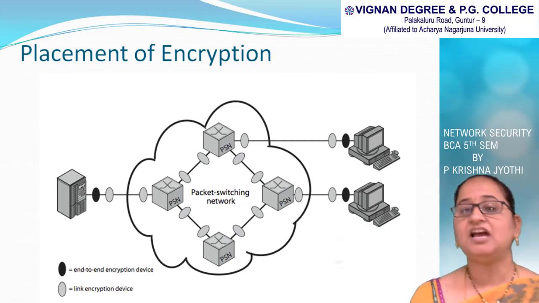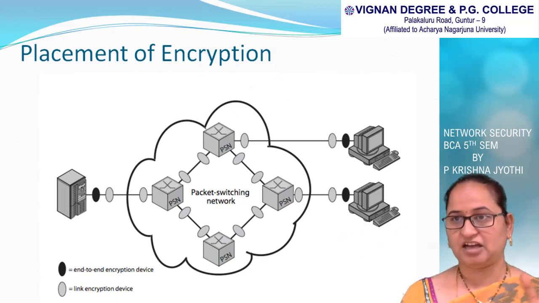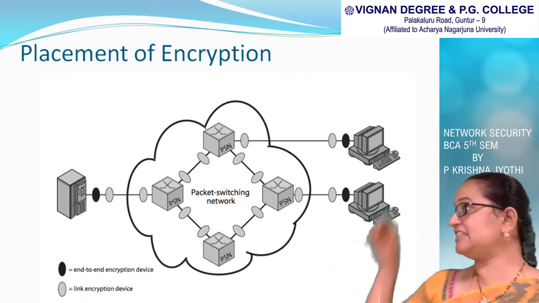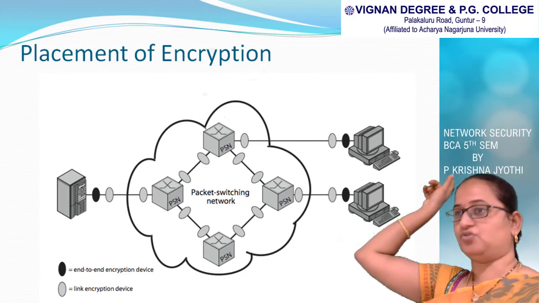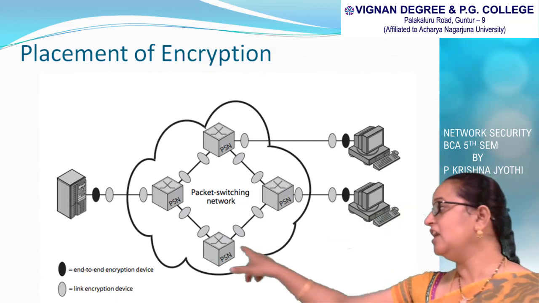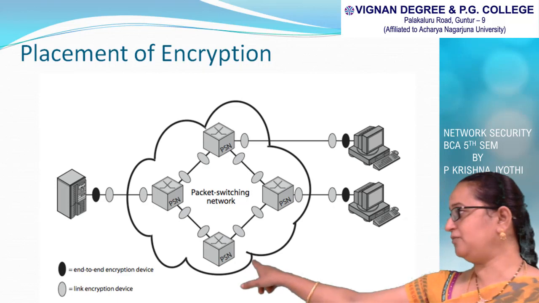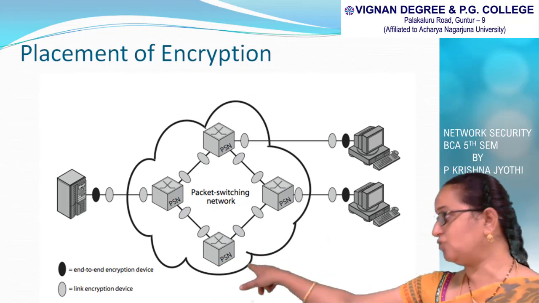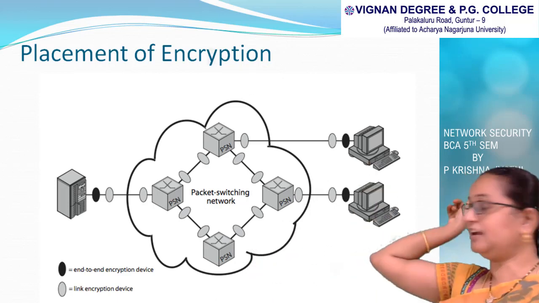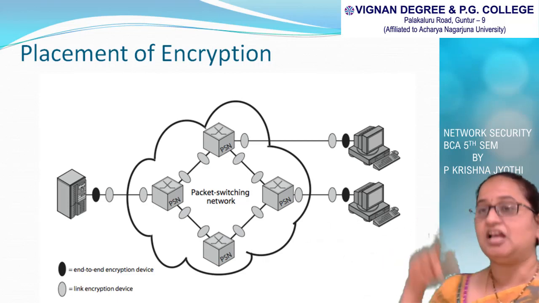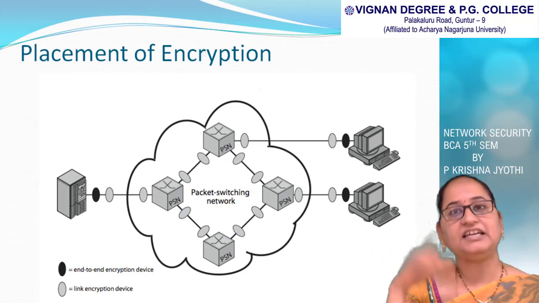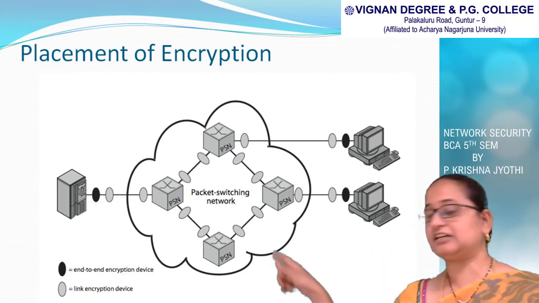End-to-end encryption starts from the communication server and ends at this particular host or device. The communication server is encrypted at the source and we place another at the destination. So end-to-end is represented in the darkened part.